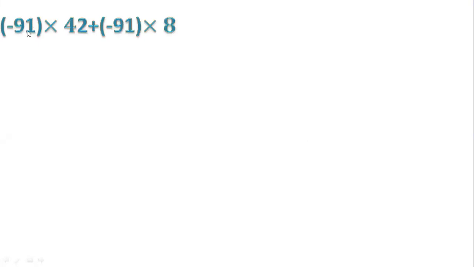See this. Minus 91 into 42 plus minus 91 into 8. Instead of multiplying minus 91 two times with different numbers, write like this. Minus 91 right outside, and then inside the bracket 42 plus 8.